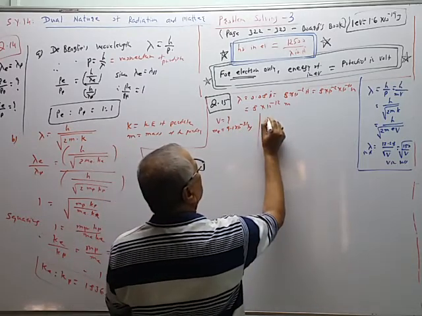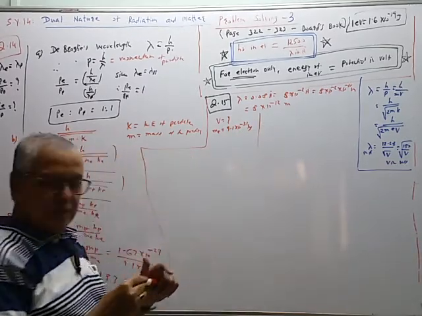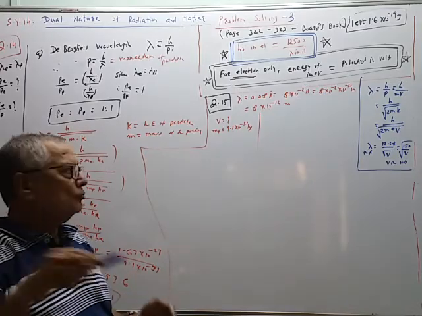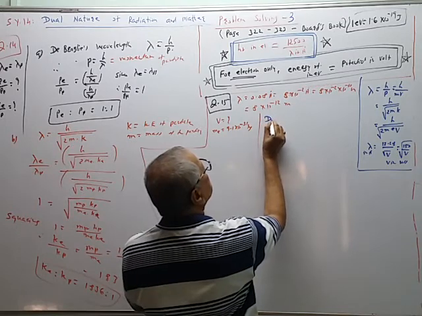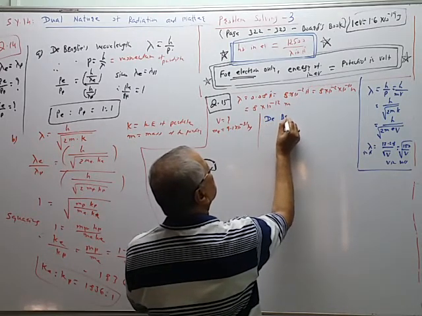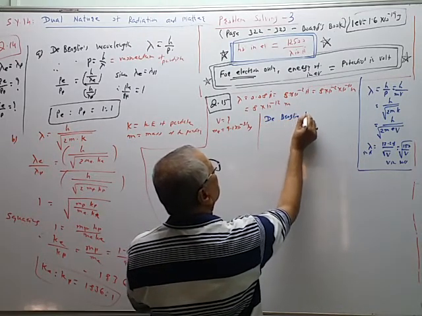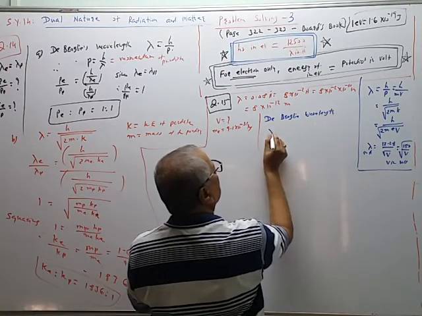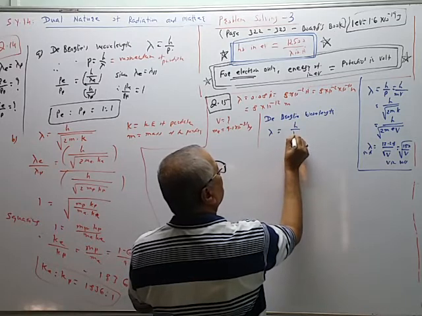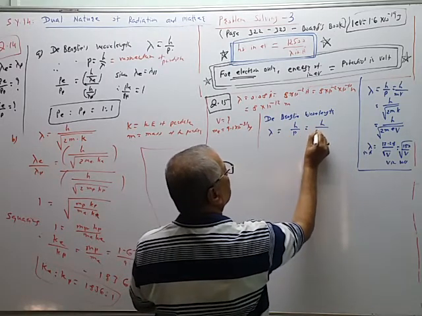So de Broglie wavelength lambda, you will use this relation. De Broglie wavelength lambda is equal to h upon p is equal to h upon mv.